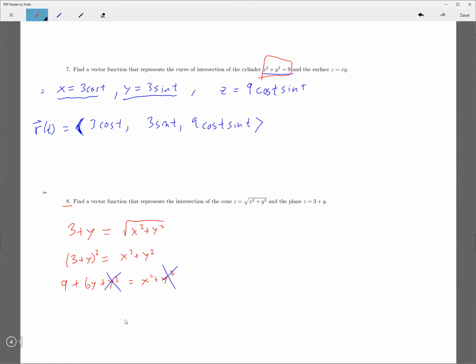Okay, so then that means we can solve for the y. Do you want to do that? Yep. So that's going to be like a parabola, right? Yeah. Looks like.